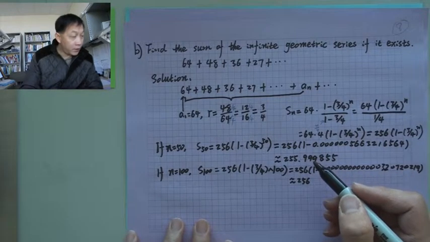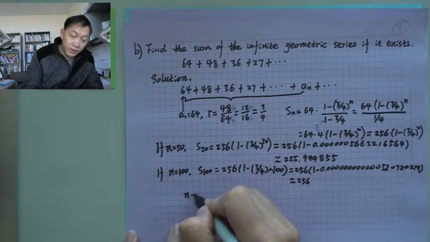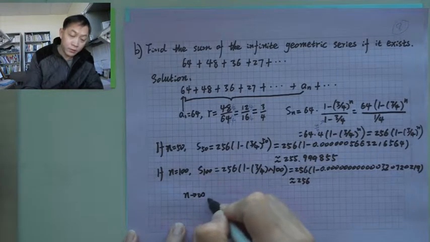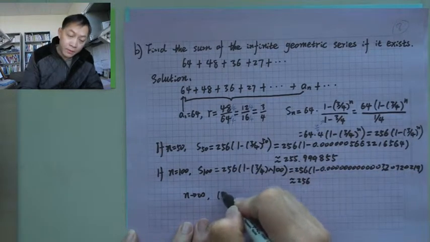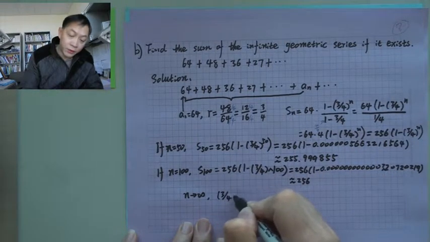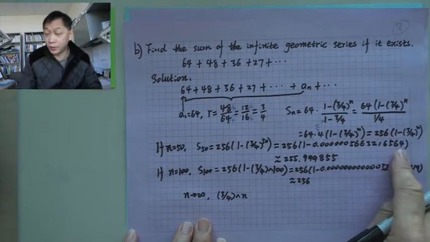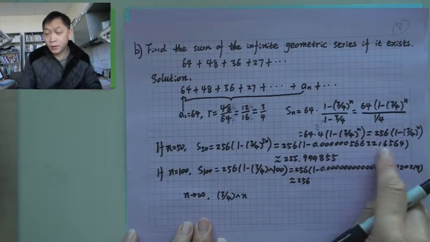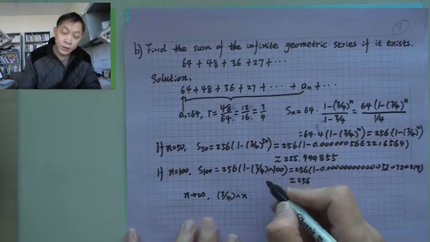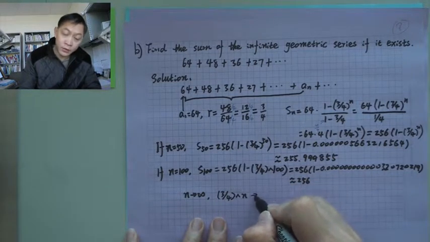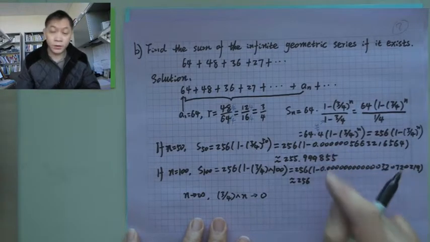Okay, so then the reason is what? The reason right here is that n goes to infinity, this 3 over 4 to the n is getting smaller and smaller. You see, from here to here, this number is smaller than that one. Okay, so it's getting close to 0. You see, we got more zeros.